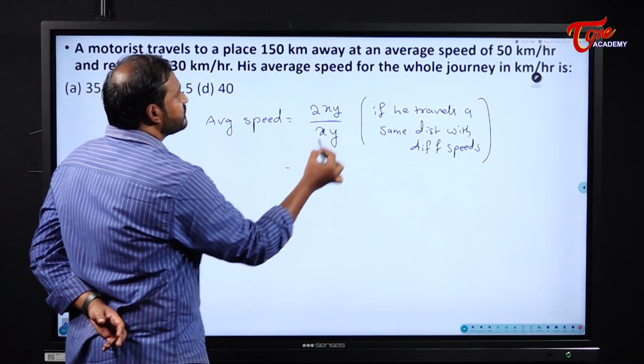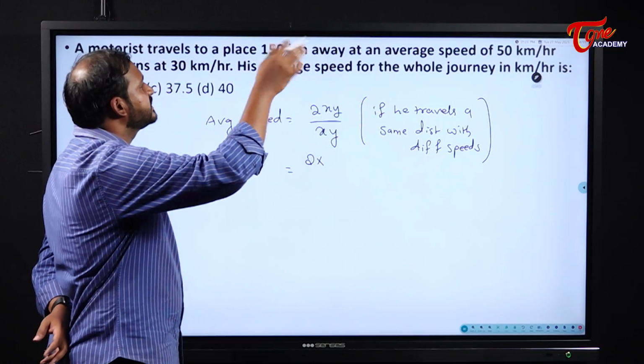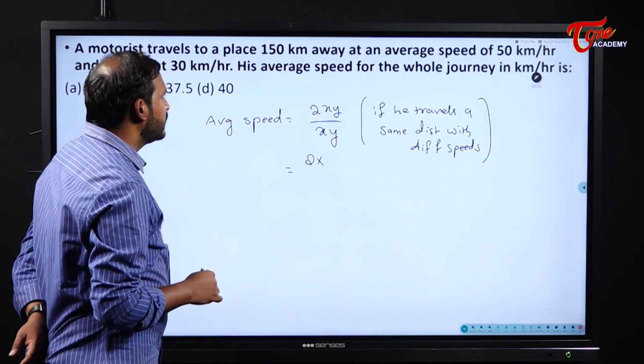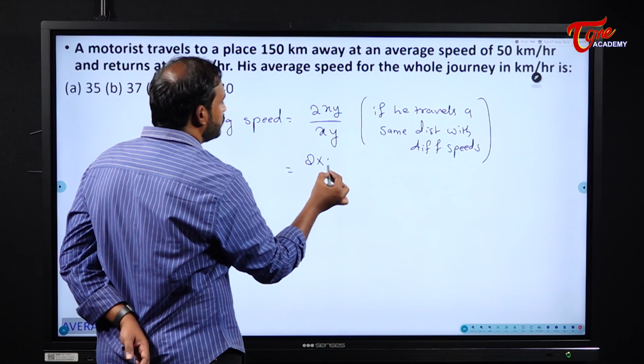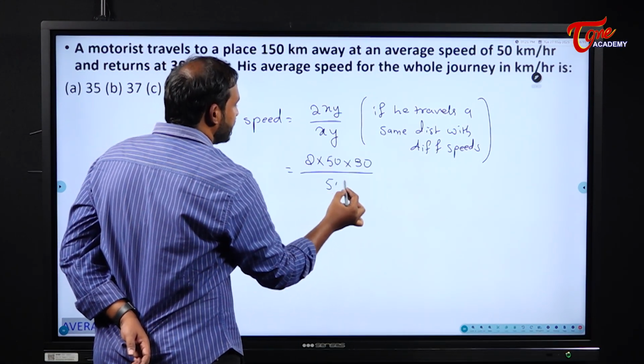Okay. So now 2xy by x plus y, what does it become? 2 into x into y, because he is going to a place and he is returning from that place. So what does it become? 2 into 50 into 30 by 50 plus 30.